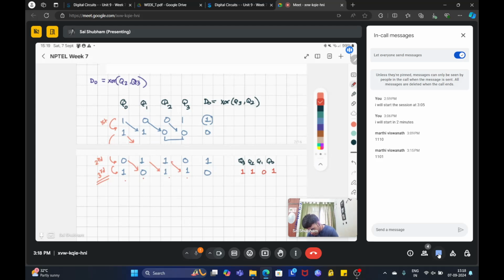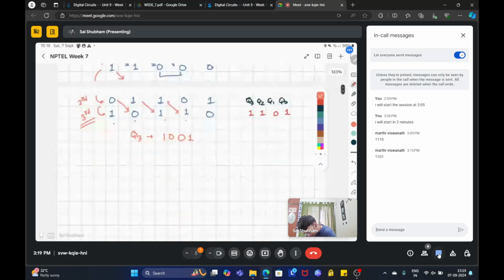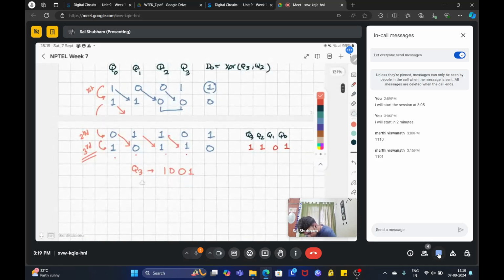Regarding the pattern of Q3, the Q3 pattern is 1001. So we have two options over here, A and D. We have to do a few more cycles.